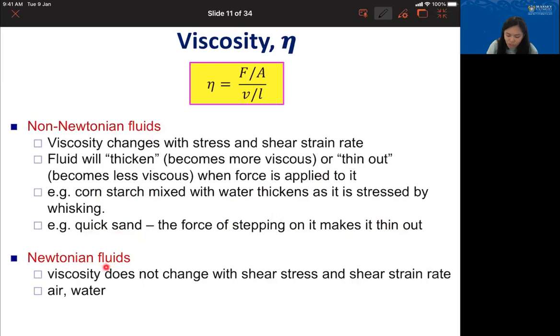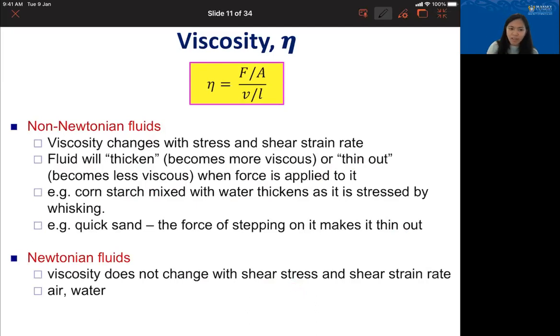For Newtonian fluids, the viscosity does not change regardless of whether you keep mixing it, or continue introducing stress. Actually, Newtonian fluids are ideal.